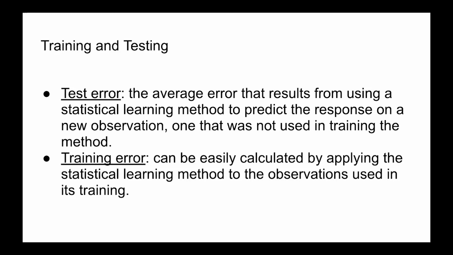That also brings us to training error and test error. Training error is when you train your model using the training data and check the model performance on the training data. You are using the same data to train the model and check the model performance, so you get the training error.